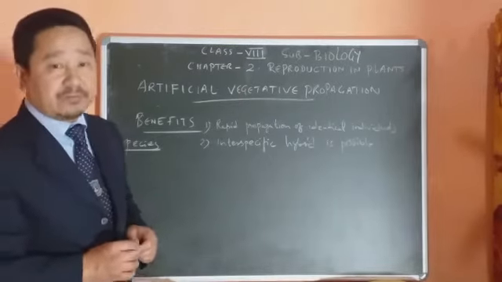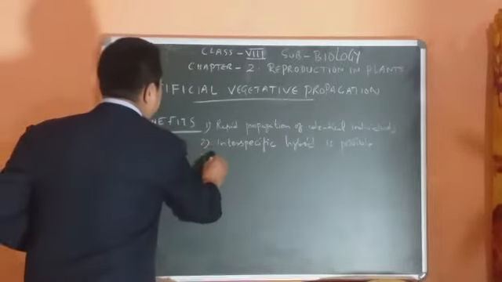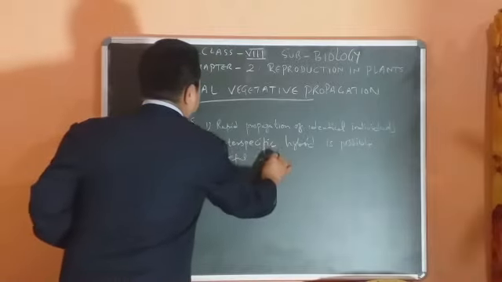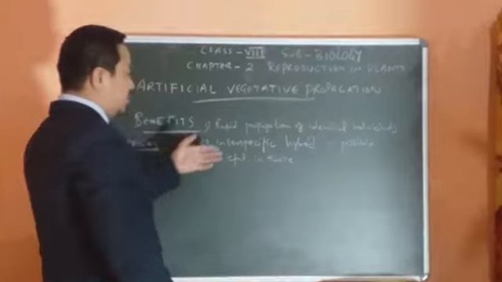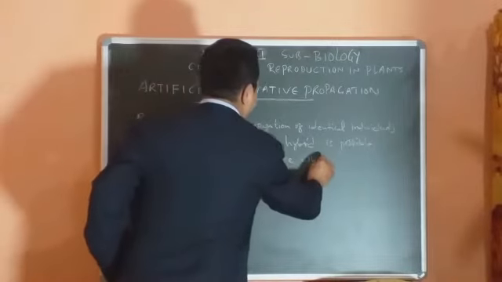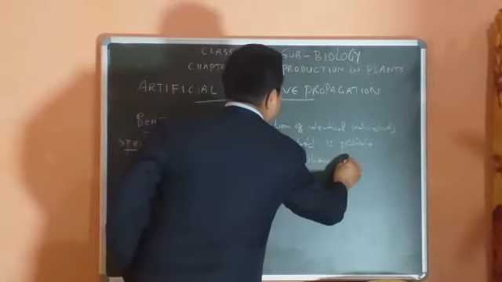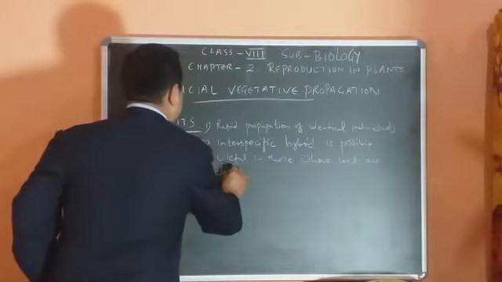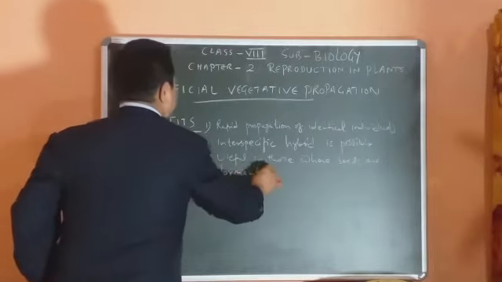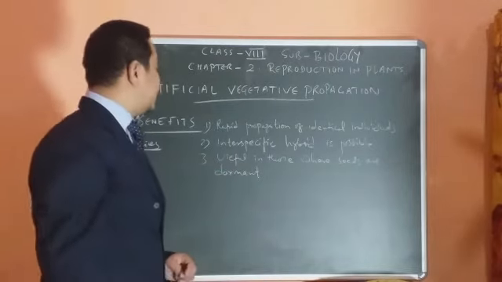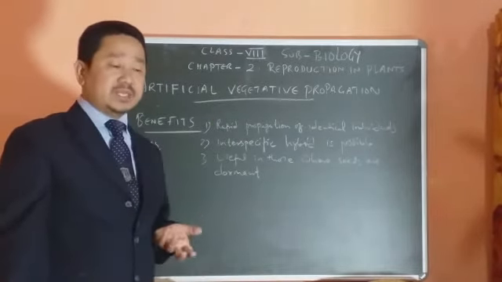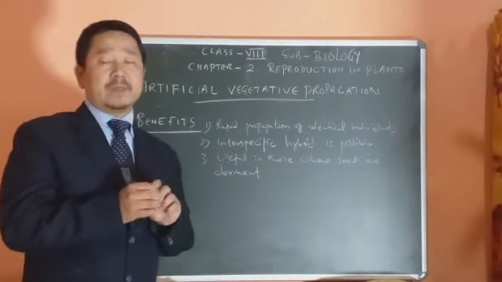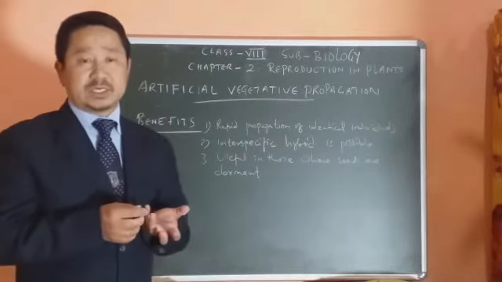Number 3, it is very useful in those plants where seeds are dormant. That means there are many plants, though they have seeds and fruits, where sexual reproduction is not possible.